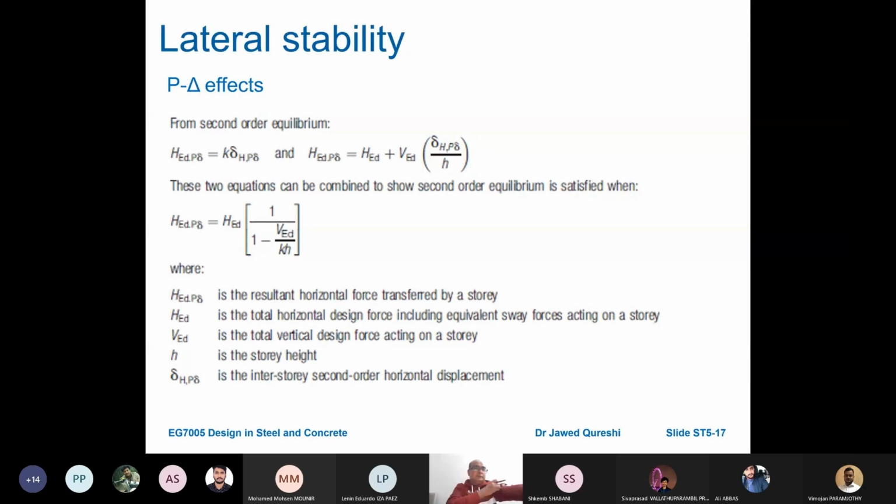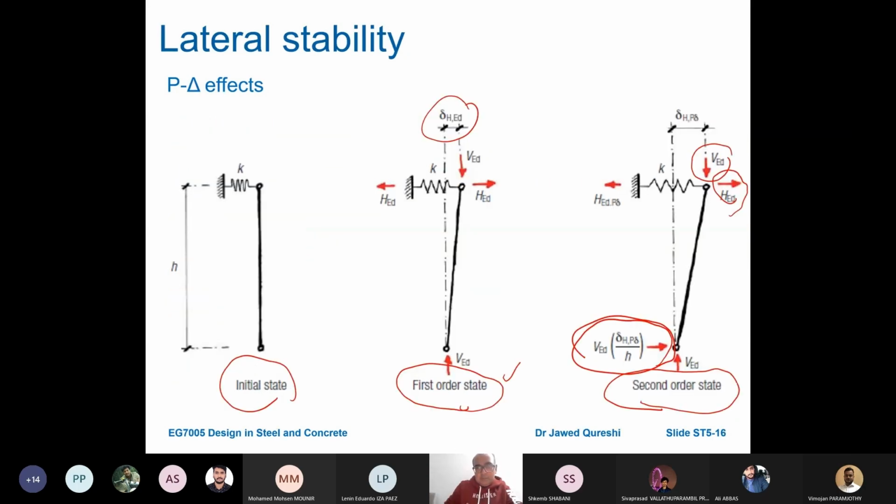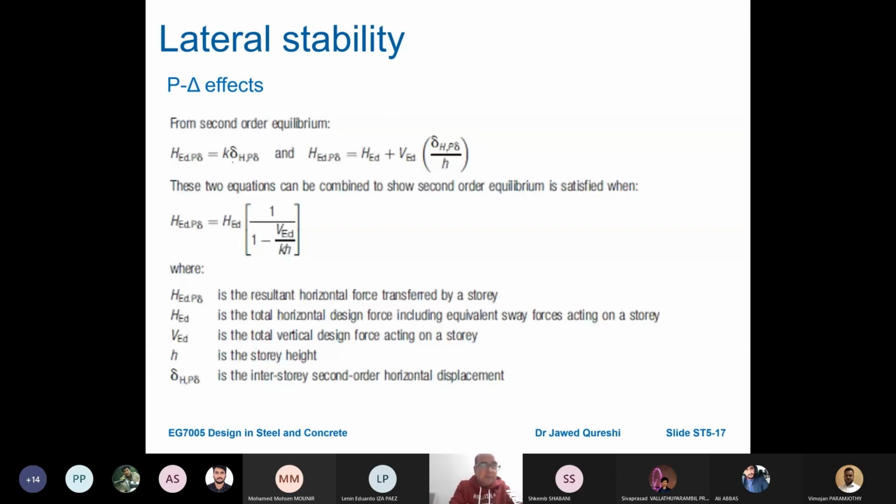Now Eurocode has a procedure where we call this H_ED, meaning the horizontal load due to P delta, which is here. H_ED is equal to the stiffness of the spring times delta, H P delta, into the deflection. We have this formula, H_ED P delta, which is equal to H_ED plus V_ED.